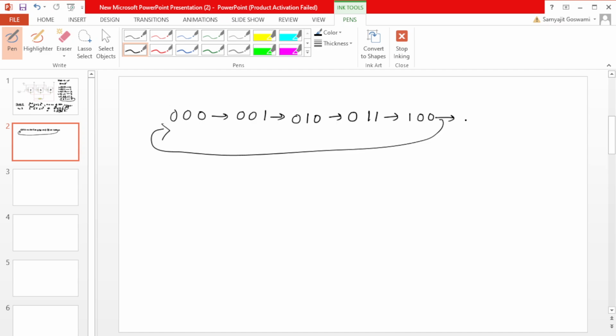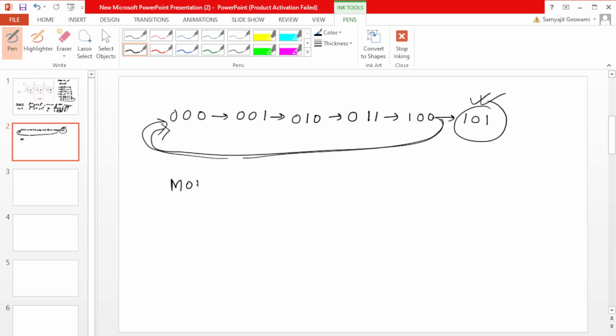After 4 it would definitely come 1 0 1, that means 5, but we will skip this 5, and from 4 we will again count 0 0 0. So this is the main thing for a mod 5 counter.